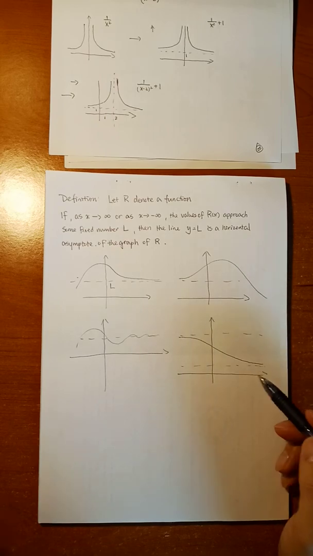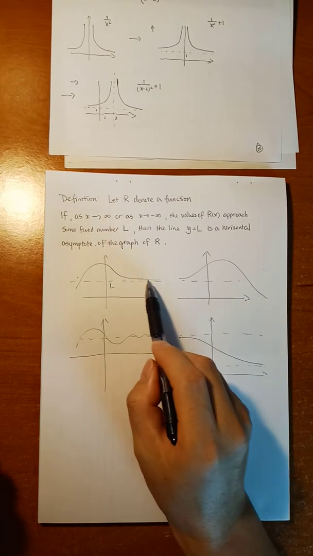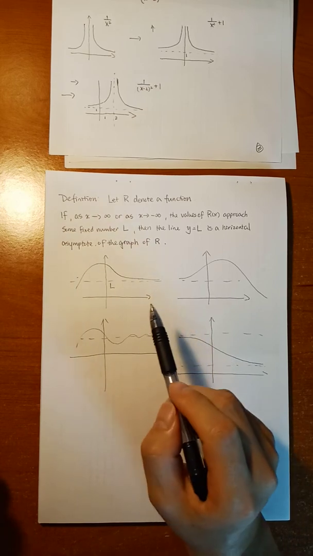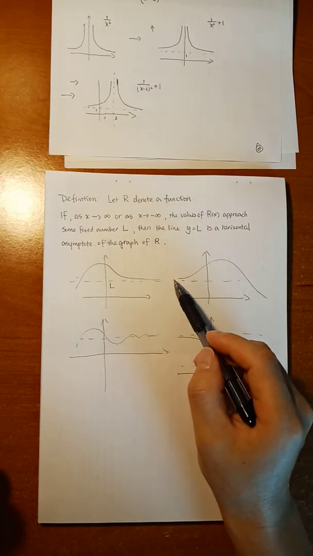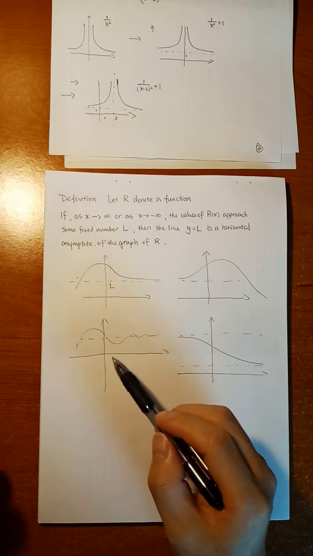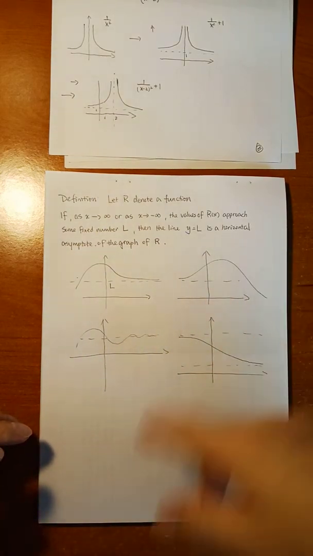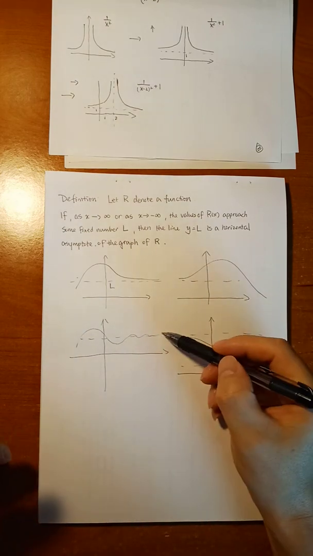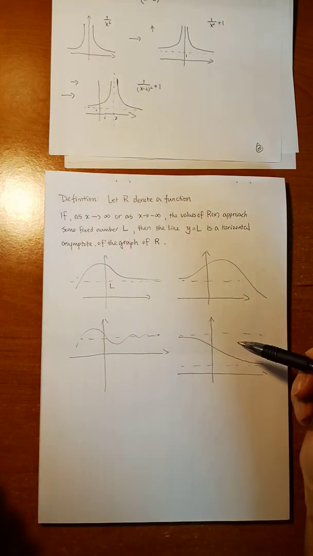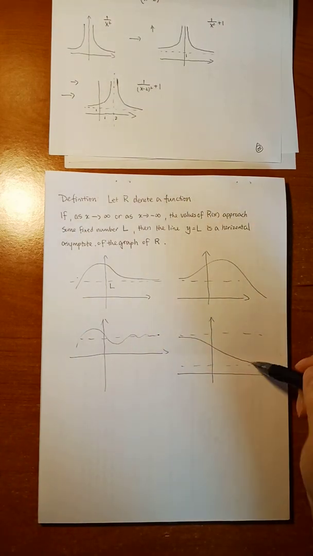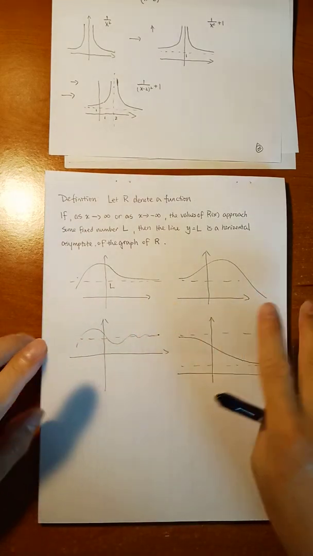Like this, it means when x approaches positive infinity, you have a horizontal asymptote. When x approaches negative infinity, you have a horizontal asymptote. When x approaches positive infinity, the graph may go up and down, the shaking case, but eventually it approaches this horizontal L. Or you can have two different choices.